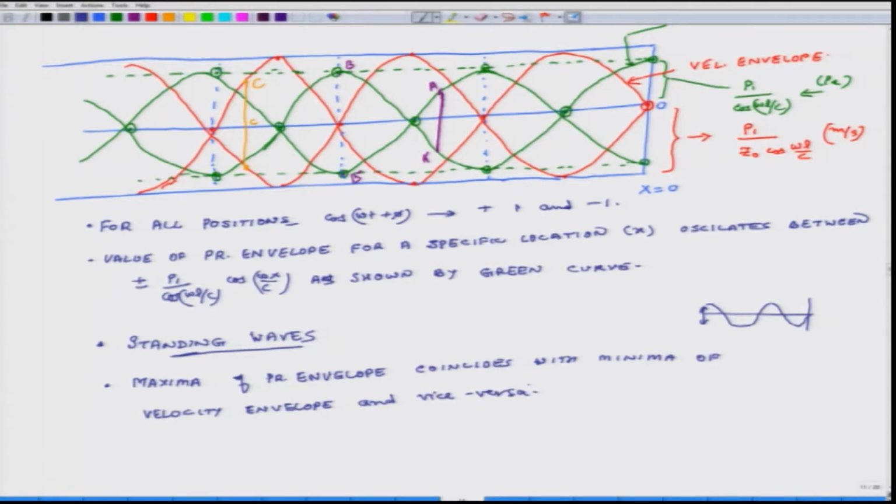So, this is important to understand. Maxima of the pressure envelope coincides with minima of the velocity envelope. So, wherever you have the maxima of pressure, you will have minima of velocity.